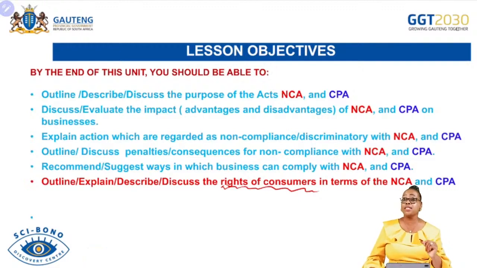So it should raise your interest: apart from the 5 aspects that you are expected to master for all the other acts, the National Credit Act and Consumer Protection Act say add another aspect, which is to outline, explain, describe or discuss the rights of consumers in terms of these 2 acts.